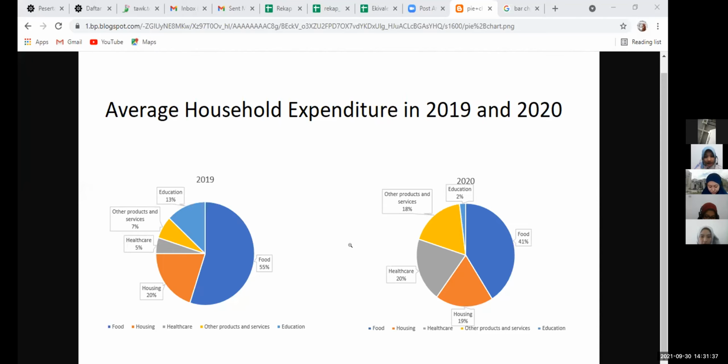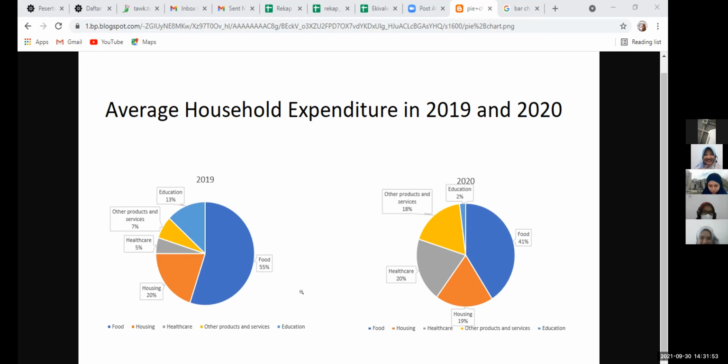Food decreased and housing decreased too. Okay. I think the increase for healthcare and other product and service is because of the pandemic.